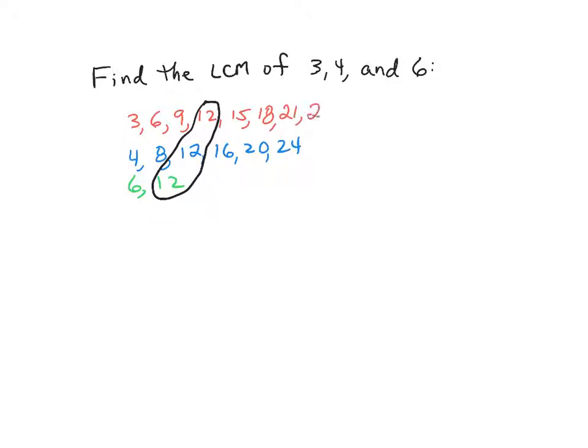For the 3s, it would have been 21, 24. And notice I also have a 24 already in the blue list in the multiples of 4. If I did the same thing with the 6s, it would be 6, 12, 18, 24. 24 is a common multiple of 3, 4, and 6, but it's not the least common multiple.